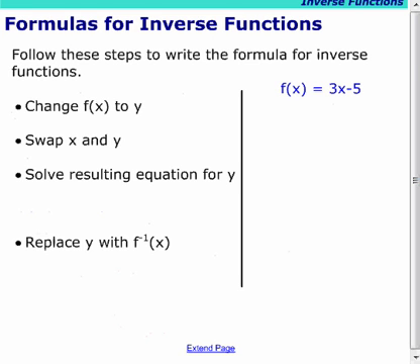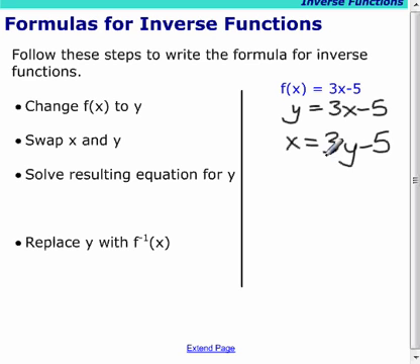So, to get the formula for an inverse function, here are some steps that can take you from the functional notation of a function to the functional notation of its inverse. The first thing you want to do is change the functional notation to simply y is equal to 3x minus 5. So change the f of x to y. Then you interchange the x and y values, so x is equal to 3y minus 5. And then solve this equation for y.